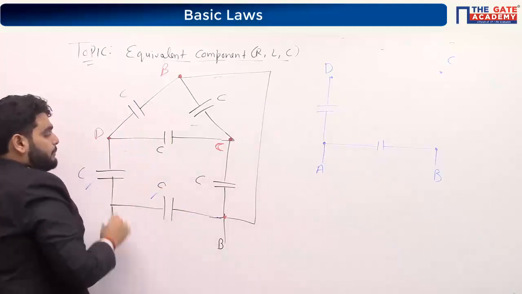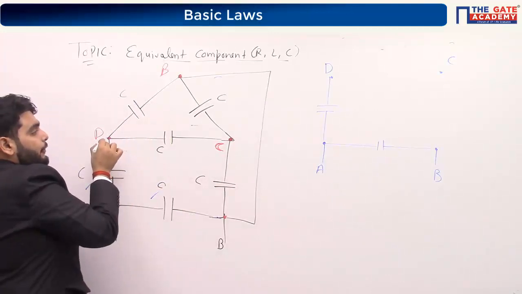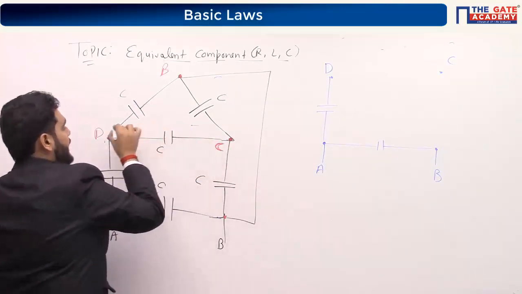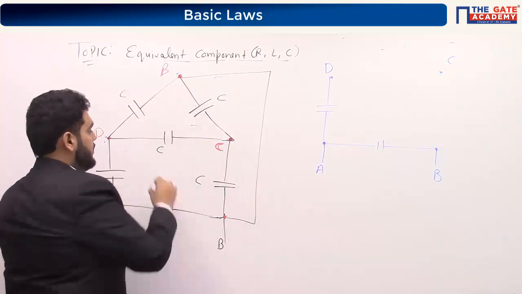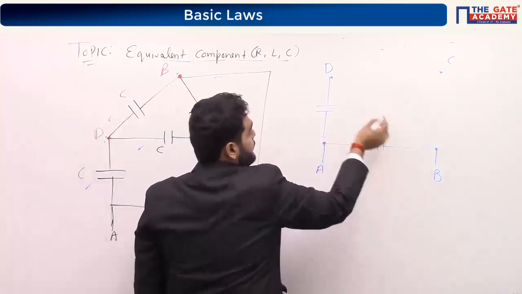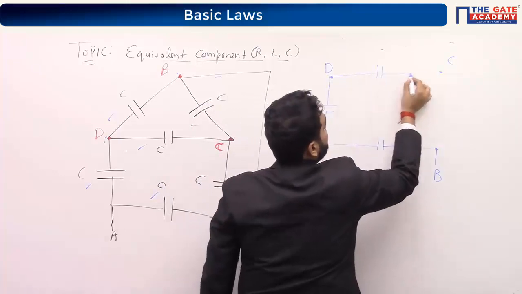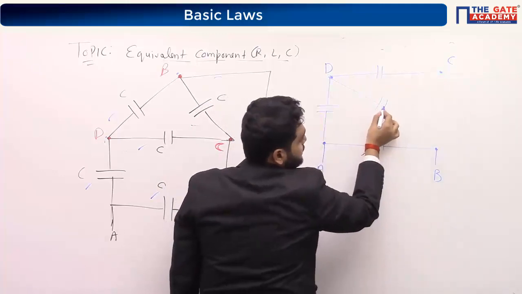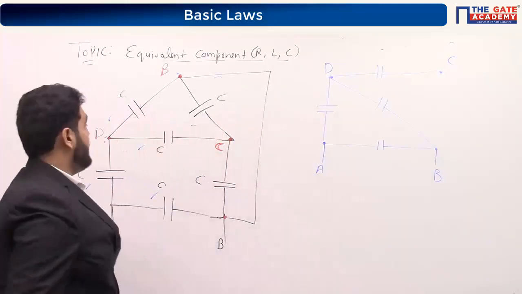These two capacitors complete. From D we have one capacitor to C and one capacitor to B, right?